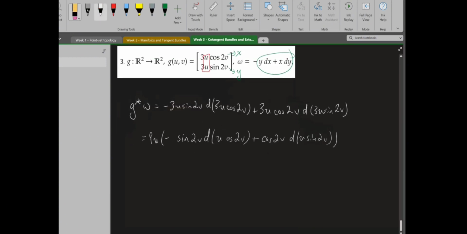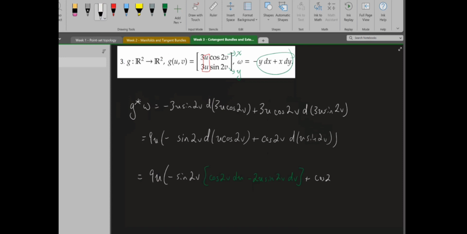You've got to actually differentiate with respect to it. So that's 9u. Negative. Now you differentiate here, but we'll leave the other stuff constant. So this is going to be cosine 2v du, minus 2u sine 2v dv. Right. Hopefully I did that right.